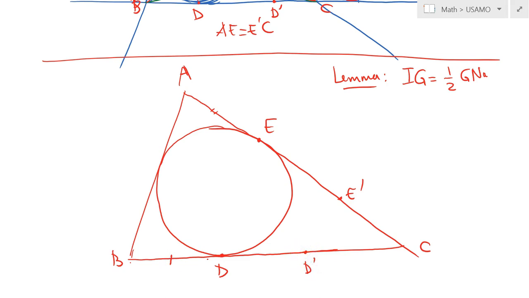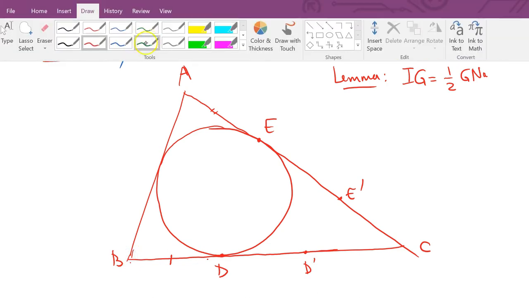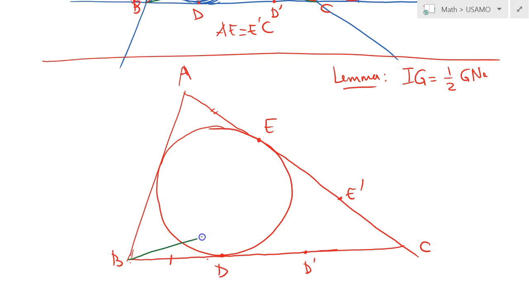So let's figure the following. We have this line here, BE prime and AD prime.